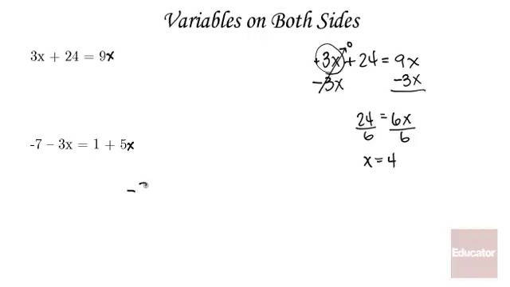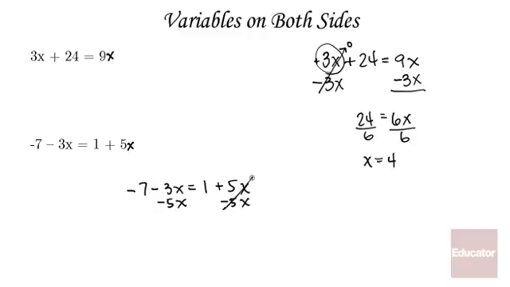Next we have a slightly longer equation, negative 7 minus 3x equals 1 plus 5x. So we want to get all the numbers to one side and all the variable terms to the other side. At this point you really could start with any step. I'm going to start with subtracting the 5x.